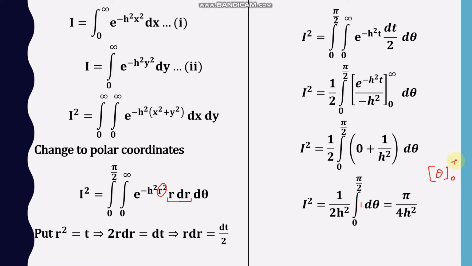So when you put the limits, you get pi by 2. Multiply pi by 2 with this, you get pi upon 4 h square. Now the value of I will be under root of this. So I is under root pi upon 2h. So we get the value of this integral.